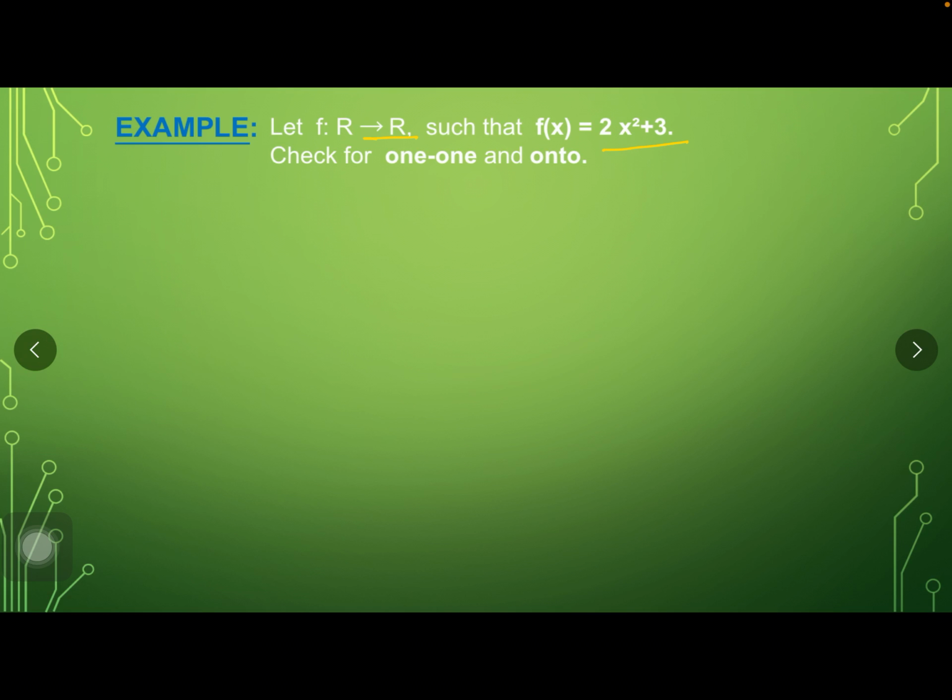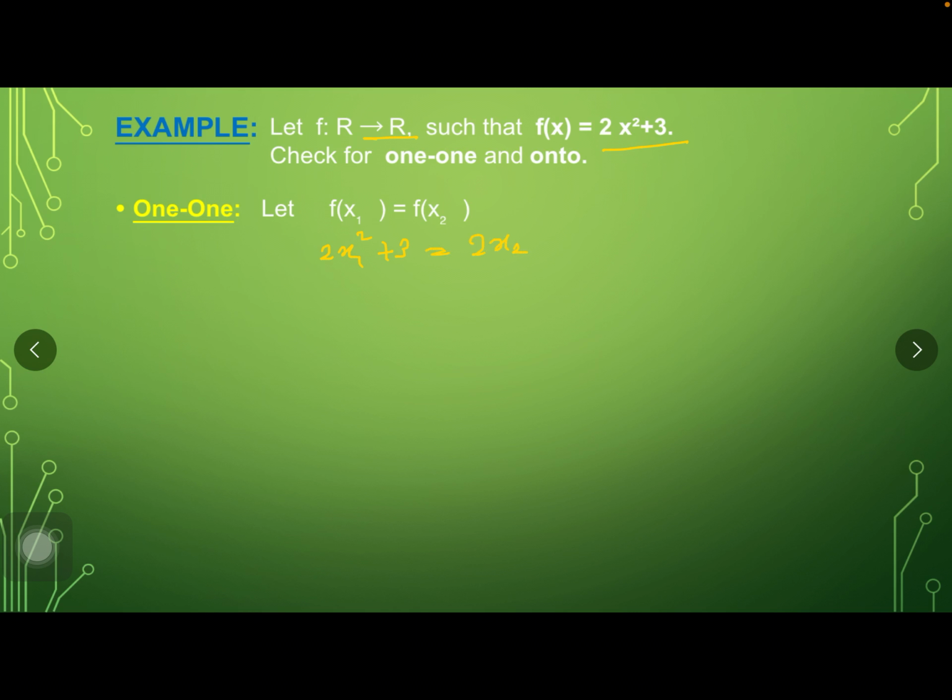Okay, so now next come to another example, that is, f function is R to R such that f(x) equal to 2x² + 3. So now check whether this function is 1-1 and onto. Here we solve this. Let f(x1) equal to f(x2), then we put here f(x1) equal to f(x2).